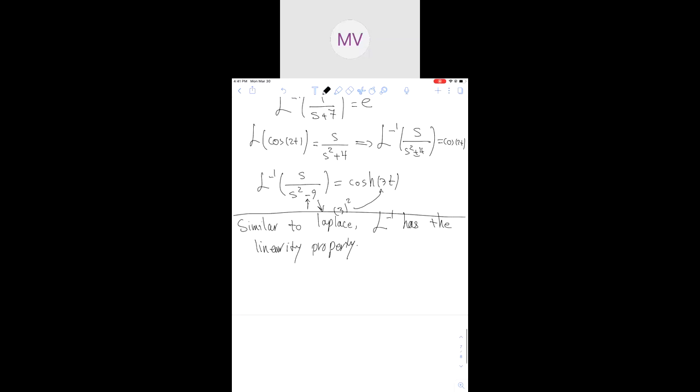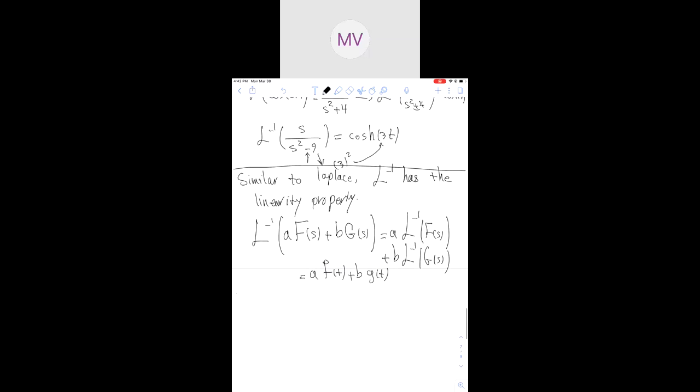What does it mean? Simply, it means if you have Laplace inverse of a times F of s plus maybe b times capital G of s, then you can write this as a times Laplace inverse of F of s plus b times Laplace inverse of G of s. Okay. And then if the first one gives you function f of t, then it's a f of t plus b, maybe some g of t.